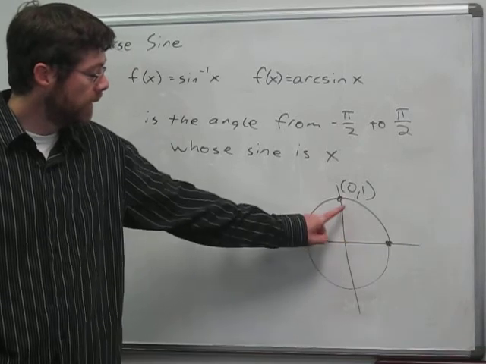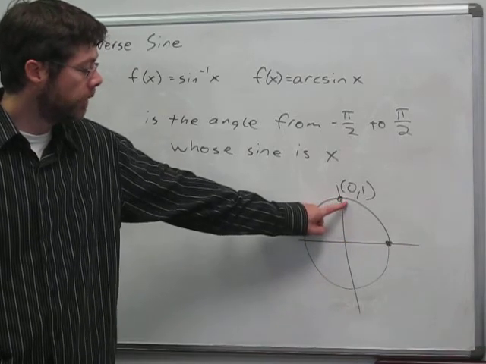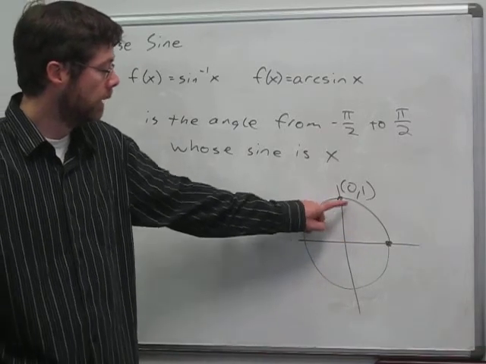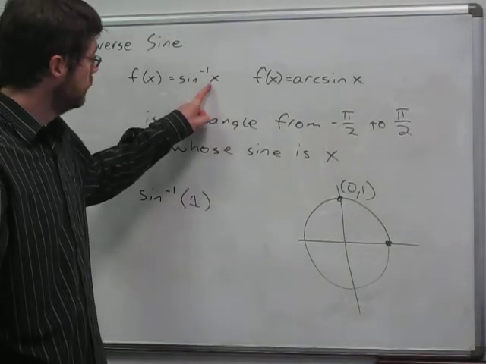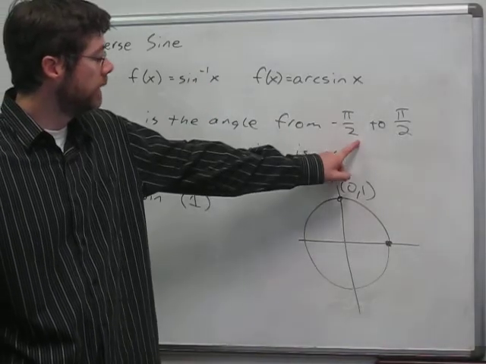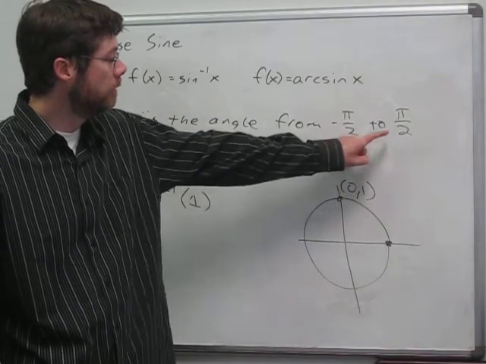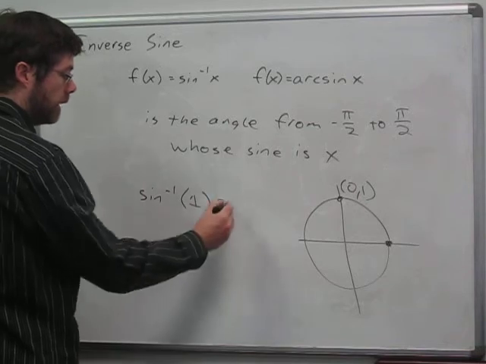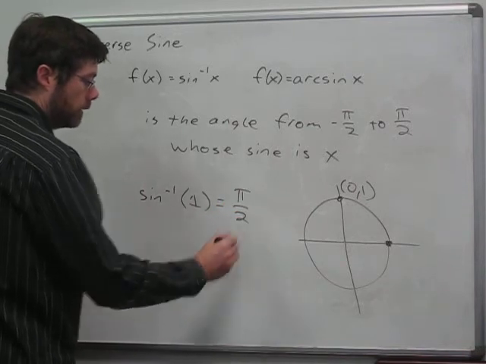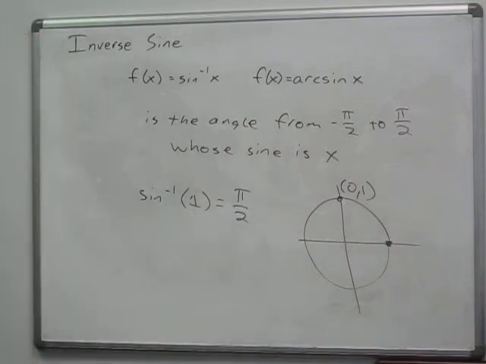There's infinitely many rotations that land at this point, 0, 1. Pi/2, 5pi/2, 9pi/2, as well as a whole bunch of negative ones. But by definition, our inverse is only going to spit out the value from -pi/2 to pi/2. So the sine inverse of 1 is going to be pi/2.